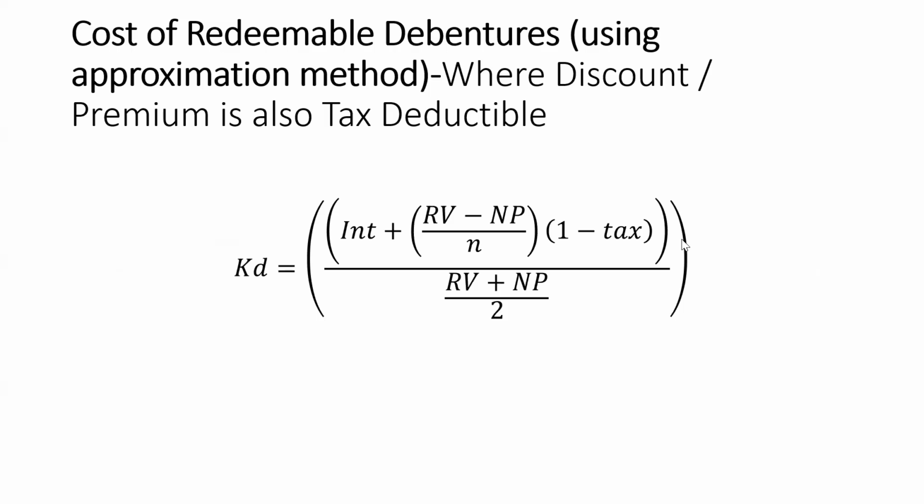In the case of a redeemable debenture, if you calculate tax on the whole value, then the cost of debt will be interest plus redemption value minus net proceed by N, this whole is tax deductible, into 1 minus t, whole divided by redemption value plus net proceed by 2. So remember this. In the first case, only interest was tax deductible. In case the discount or premium is also tax deductible, then this will be your formula.